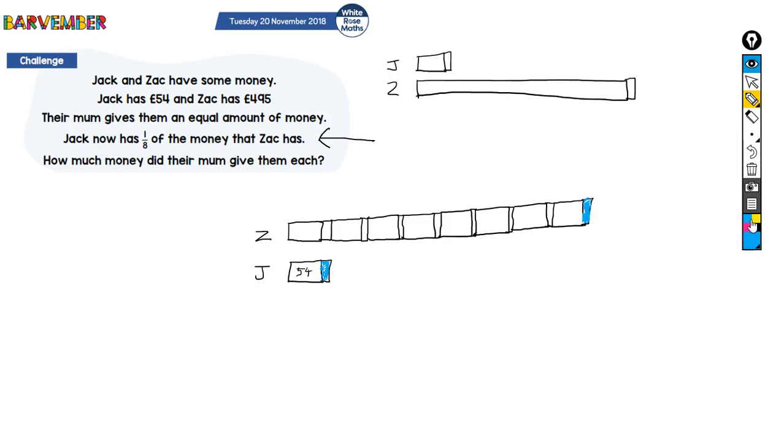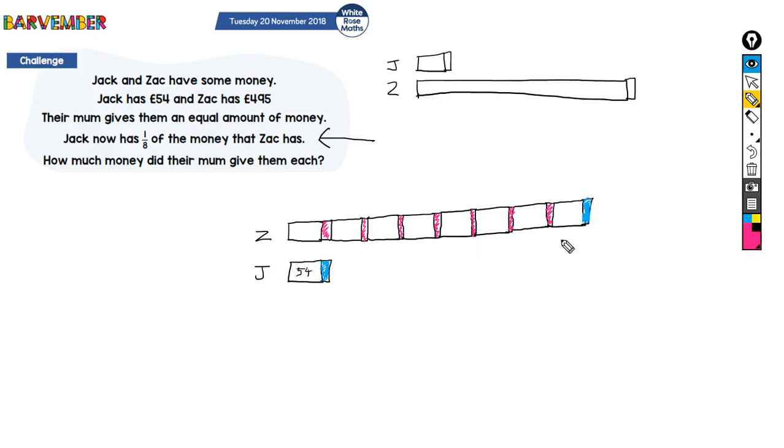What these other blocks represent is an amount of money that is the same as this, but it's what Zach had in the first place. So I'm going to shade them in a different colour. They're worth the same, they're of the same value, but they weren't given by the mum. They weren't part of the additional money.